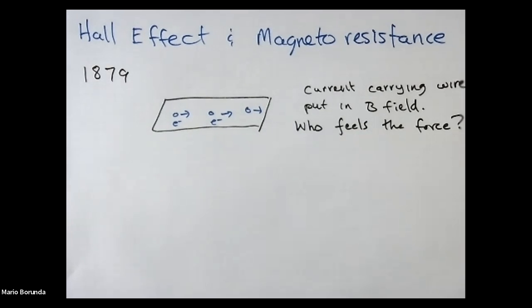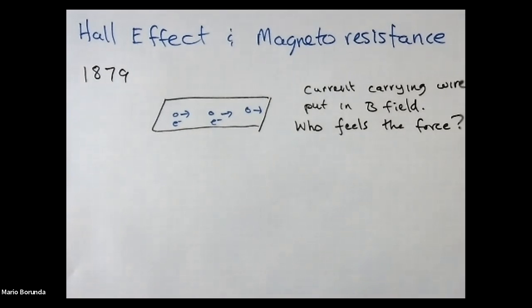So what kind of experiment did he do? He actually grew samples, little tiny wires, little tiny films of gold foils, and put them under magnetic field.